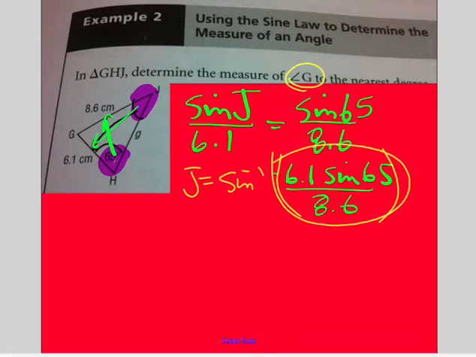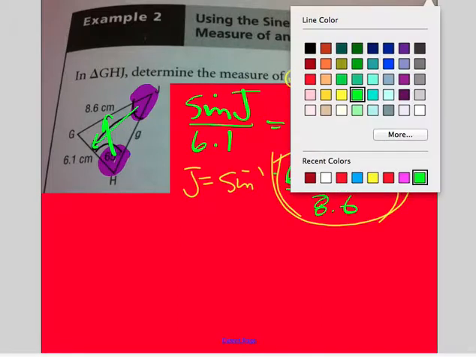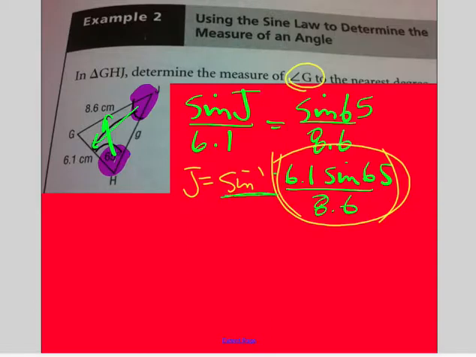So again, if you've got a graphing calculator, you're going to plop this into it. You're going to take this information, say sine to the -1, put this in brackets, and divide it out, and you'll get an answer that tells you that j is 40 degrees. Well, that's fine.